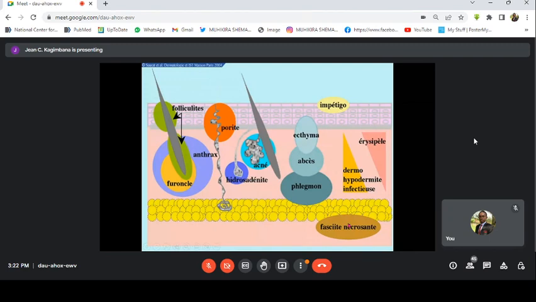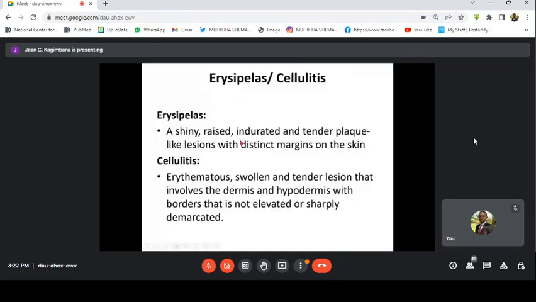Okay, a shiny, raised and tender region with distinct margin. It's tender, that's one, and it's warm. Cellulitis is an erythematous lesion that involves the dermis and epidermis, with borders which are not raised or sharply demarcated, as seen in erysipelas.